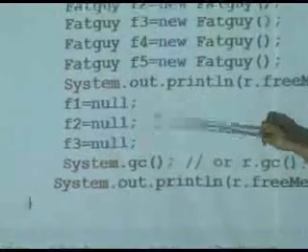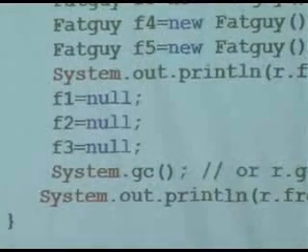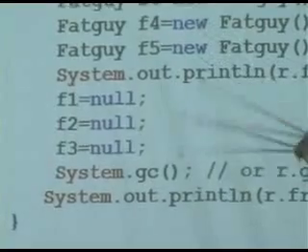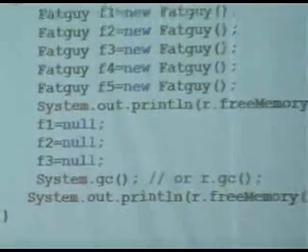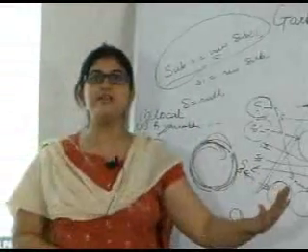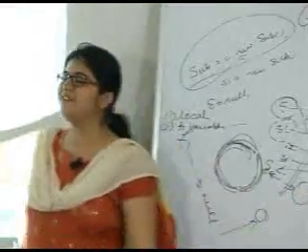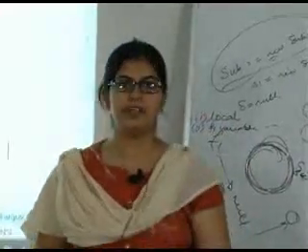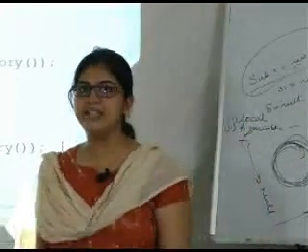The moment you nullify those objects, if the garbage collector runs any time, those objects are going to get reclaimed. So make sure you don't just go on occupying space and keep these references alive. If they are not used anymore in your application, please nullify them so that you will never run out of memory. Okay, is this thing clear?